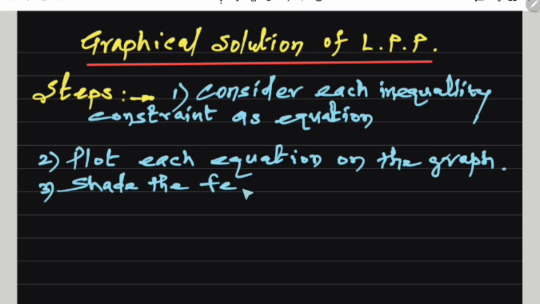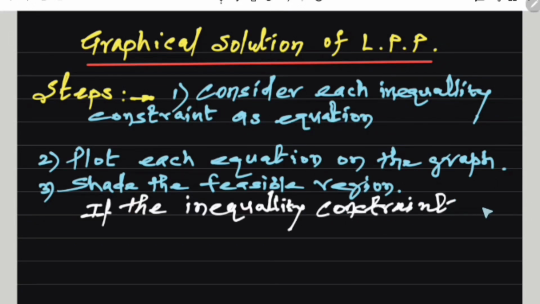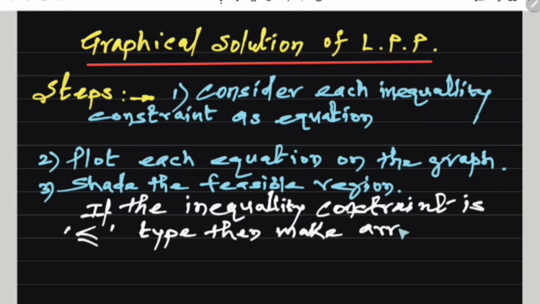Third step, shade the feasible region. If the inequality constraint is less than or equal to type, then make the arrow direction facing towards origin.